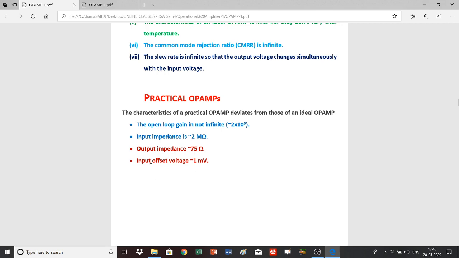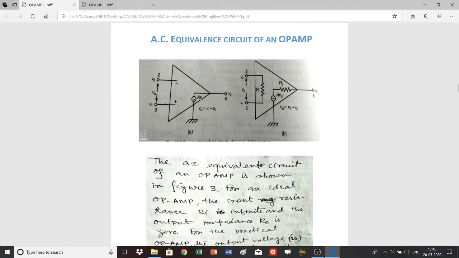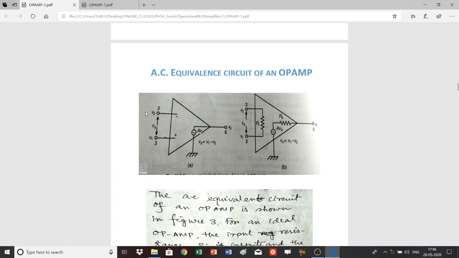And the input offset voltage. What is input offset voltage? You know that if equal voltages are given to these two terminals, then the output should be 0. That is true for ideal cases, but in practical op-amps, although V1 and V2 are equal, V0 will not be 0.